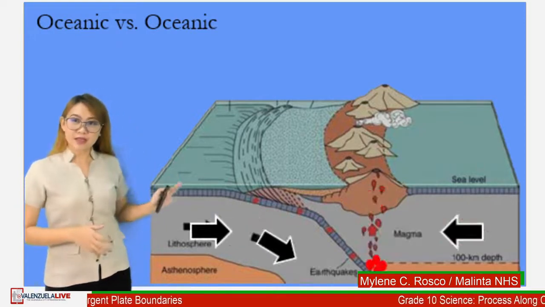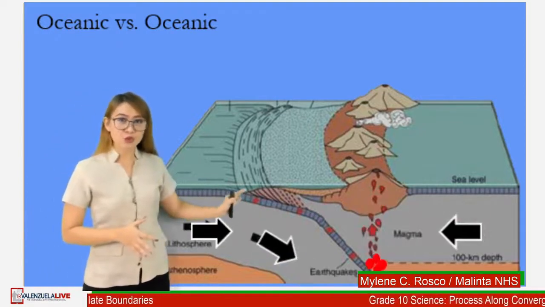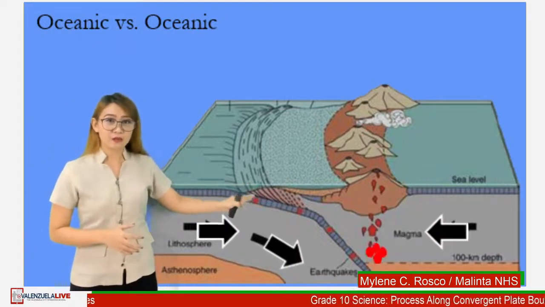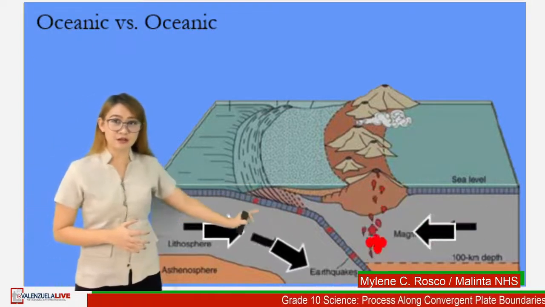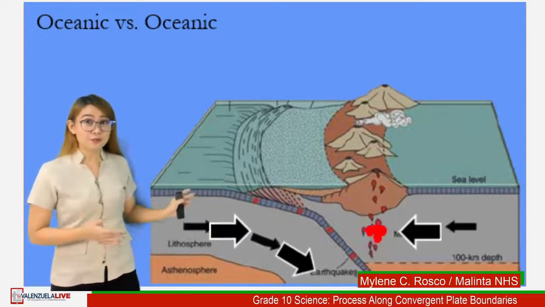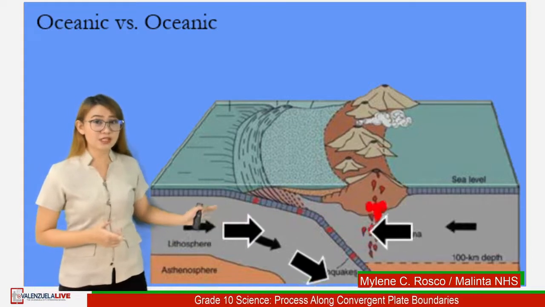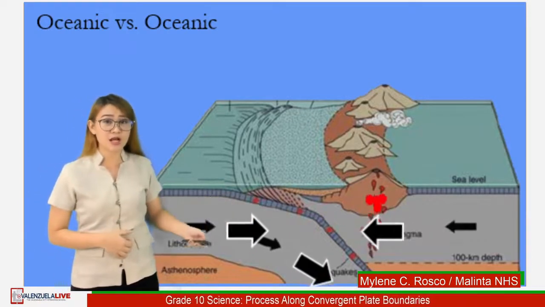Okay, so again, this diagram shows the collision between two oceanic crusts. Now take a look at the oceanic crust here on this side. Do you observe a subduction process here? On this type of collision, is there subduction happening on the crust?